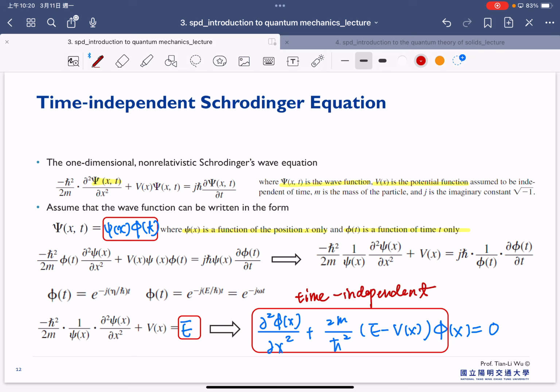From the original, which is time and space dependent, it now becomes only space dependent, and the time is independent.